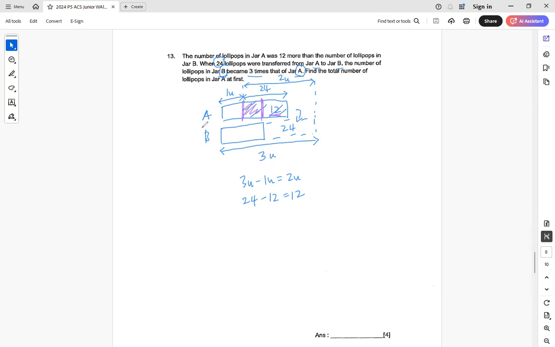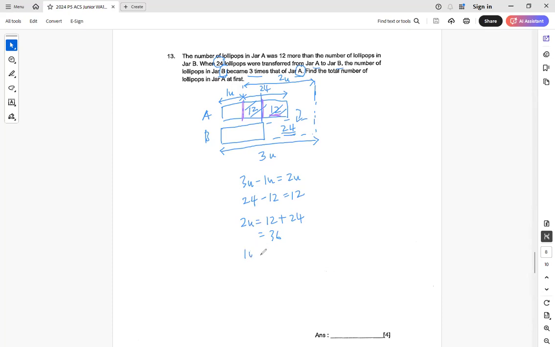So this portion here will be 12. I've found the purple portion already, and I have to find until here, which is exactly 24. So to find the whole 2 units, I take the 12 that I've just found plus my 24. I will get 36.